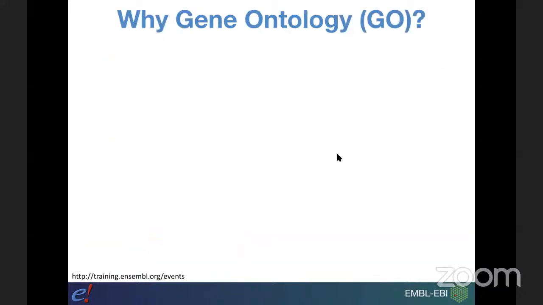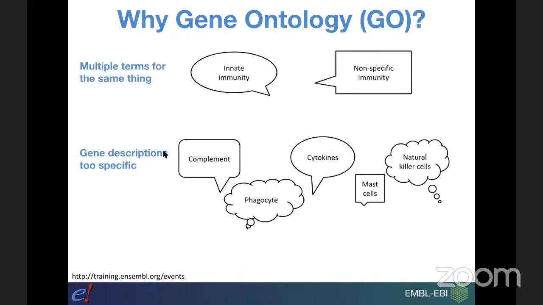The last thing I want to mention before I move on to the demonstration is a few words about gene ontology. Human language is ambiguous, and there are many synonyms and multiple terms that we could use to describe the same thing. It's the same in the scientific community. For example, one person could be describing innate immune response, and another person might be calling it non-specific immunity. We know that they mean pretty much the same thing. However, computer searches don't cope with this very well.